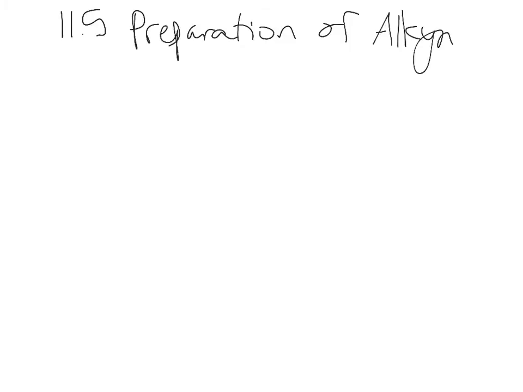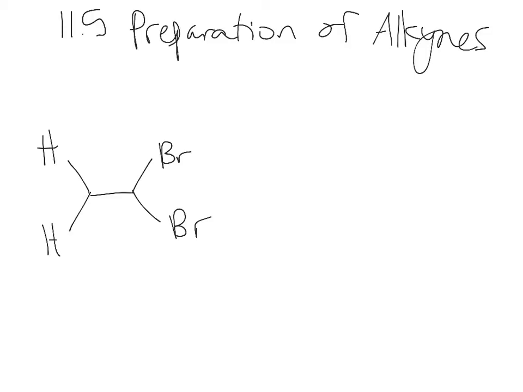So you already know this. You probably forgot, but I'm going to remind you and you're going to be great at it. If you have a molecule that has two halogens on it, either both at the same end of the molecule or one on one side and one on the other side, you can use a strong base to remove two equivalents.